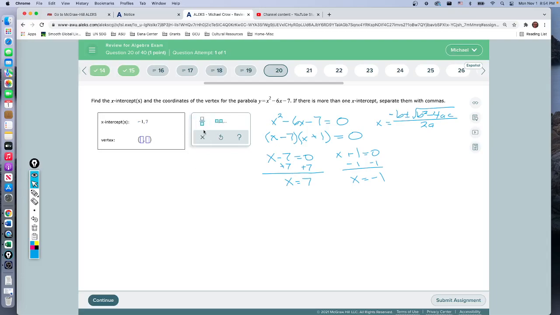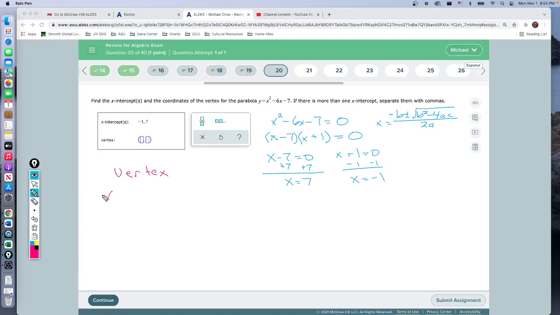Okay. Now for the vertex, it's a little more difficult. If you remember the quadratic formula, the vertex formula is easier. It's minus b over 2a. It's just this part. That's going to give us the x coordinate of the vertex. So let's switch colors. Let's go with vertex.